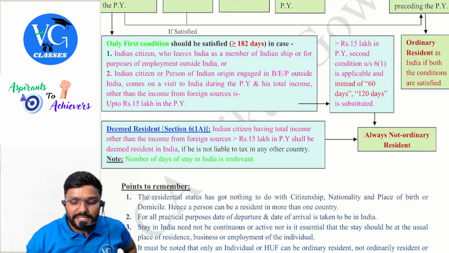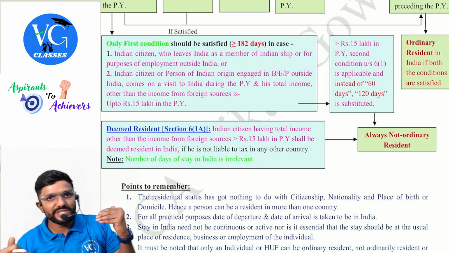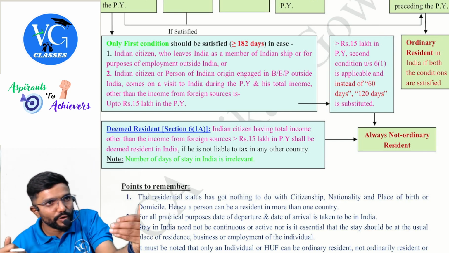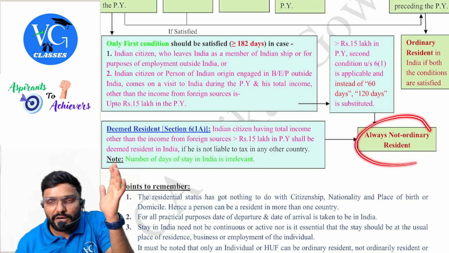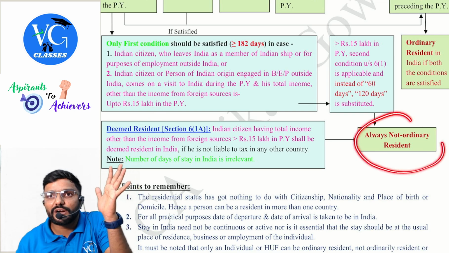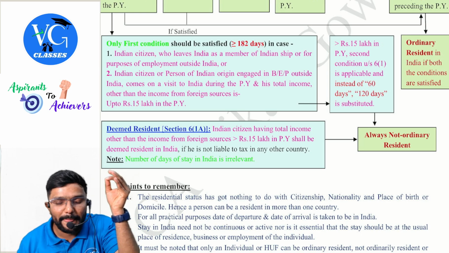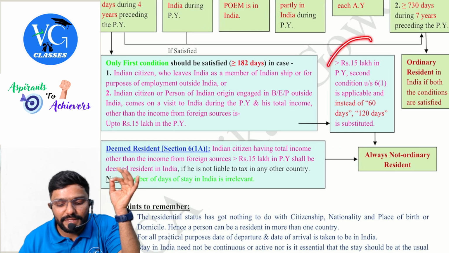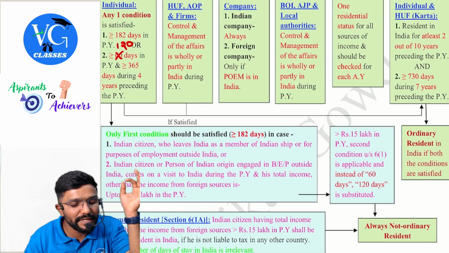If you have become a resident due to this, that is, the second condition is applicable for you, you stayed in India for 120 days or more and you became resident, straight away you are not ordinary resident. Next, sir, I am a deemed resident. Always not ordinary resident. Now listen, one key point is, sir, I am covered in this point, more than 15 lakh. That means the second condition is applicable?